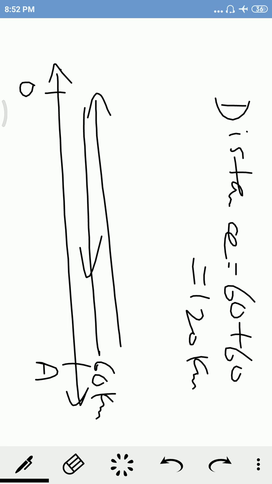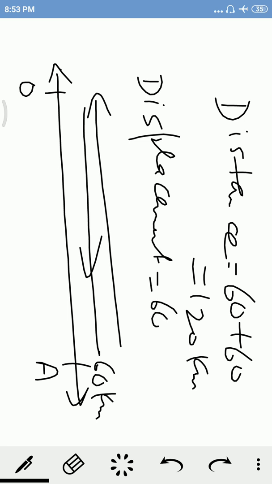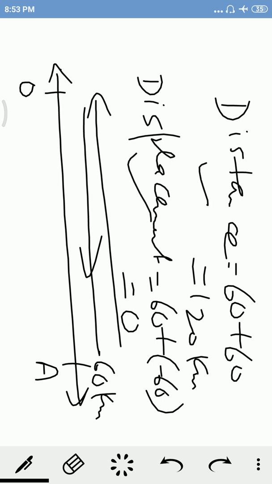It is 120 kilometer, but displacement will be 60 plus minus 60. So it will become 0. So displacement can be 0, but distance cannot be 0.